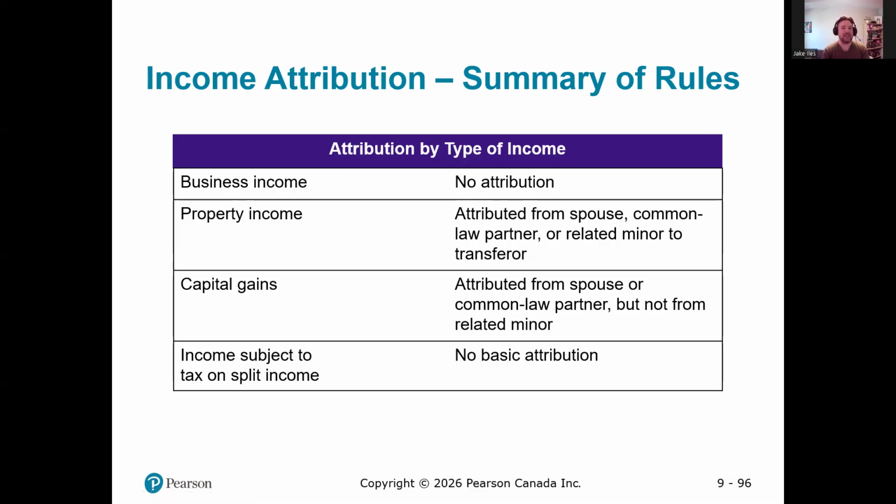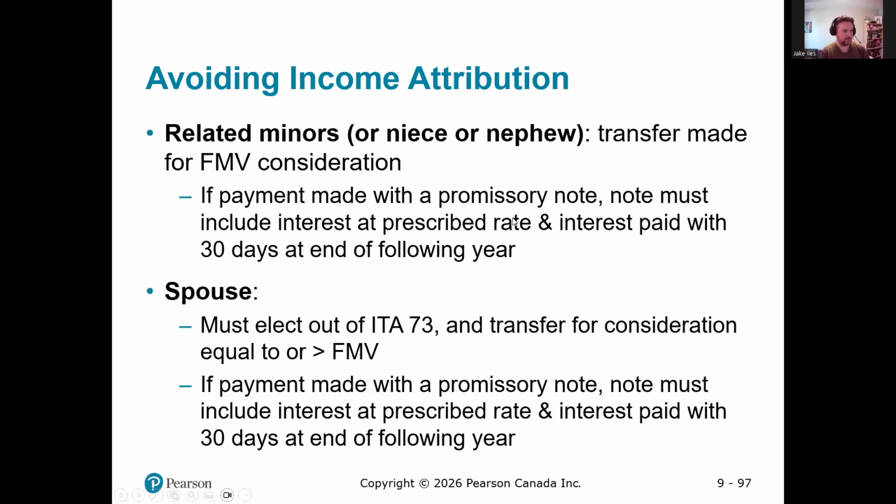So because it's recognized at fair market value, I've already recognized capital gains. I've already paid for the change in value. So any further value changes can be taxed in the hands of the minor. So for both situations, the property income is usually attributed. For capital gains, it's mostly attributed from a spouse.